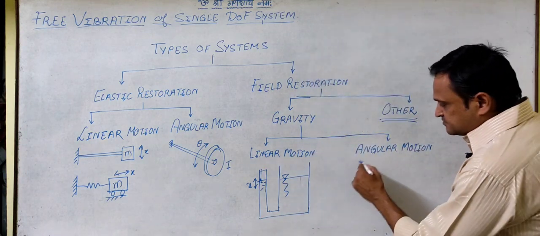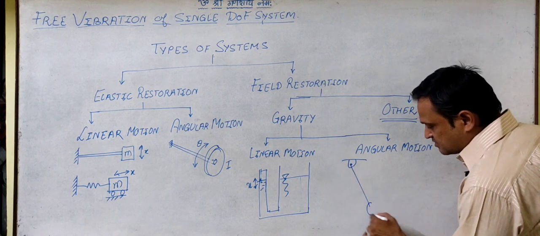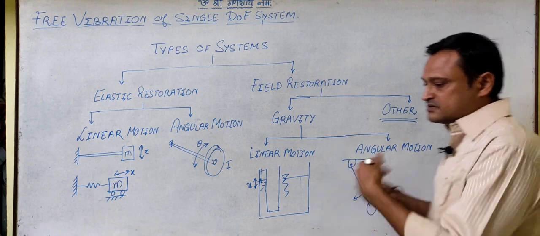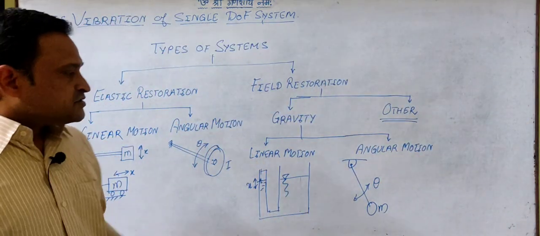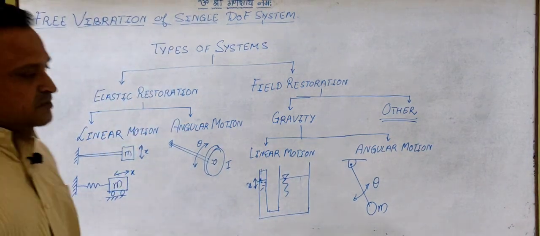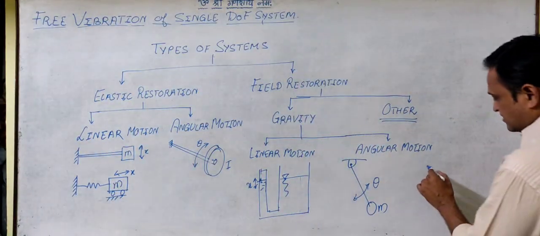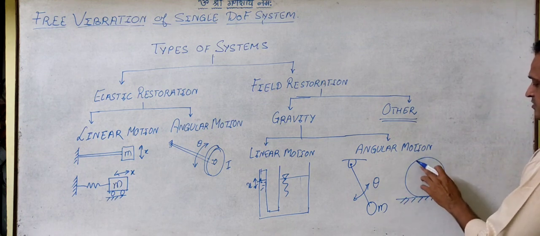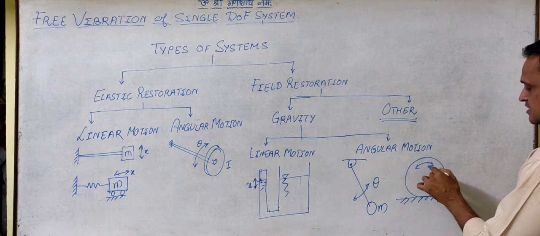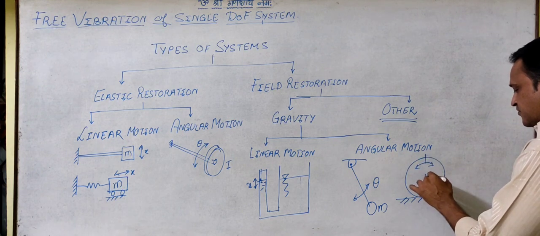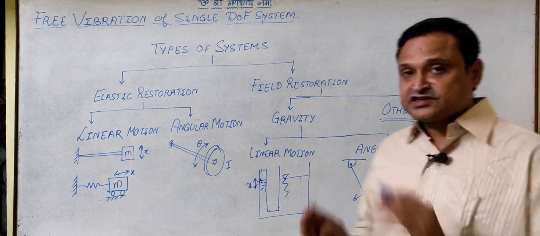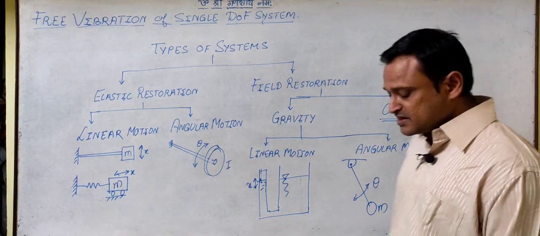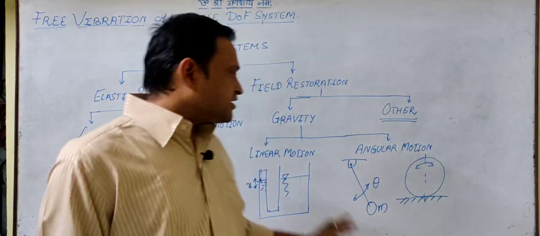Then in angular, one of the simplest examples is a pendulum with angular displacement theta. This is again an angular displacement. Another example can be a cylinder on a rough or horizontal surface, and when it is disturbed from the mean position, it starts rocking. So angular vibration will be there, which will again be due to gravity.